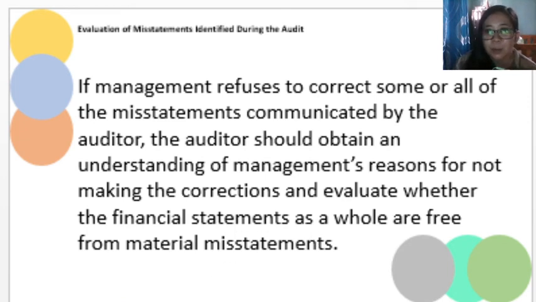So this reason should be acceptable based on professional judgment and the guidance of the standards. Okay, that's how the auditor should determine if the reasons are acceptable or not. So those are how the auditor will evaluate the misstatements identified during the audit.